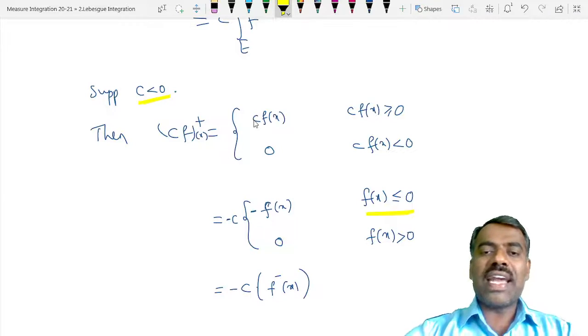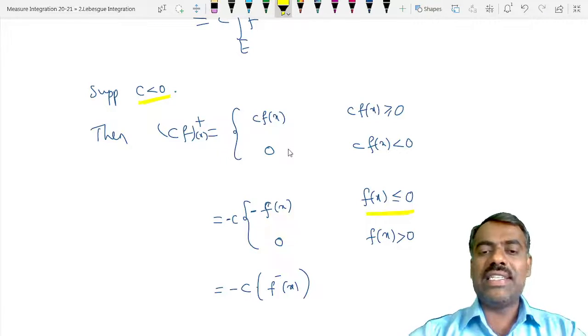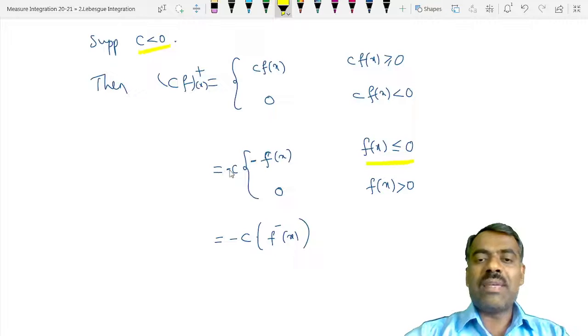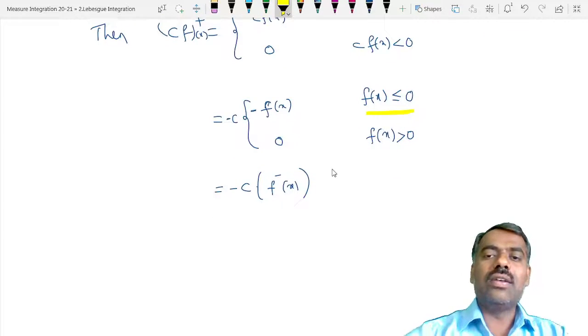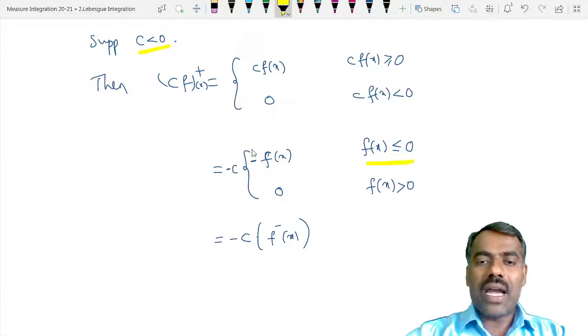So this c you can write as minus of minus c. Is this clear? See, if I take minus c inside, it is minus of minus plus c times f of x only. Are you following? But now whatever this curly bracket function is defined, it is precisely f minus. For that purpose, we have written minus here, and outside also we have written minus, right?